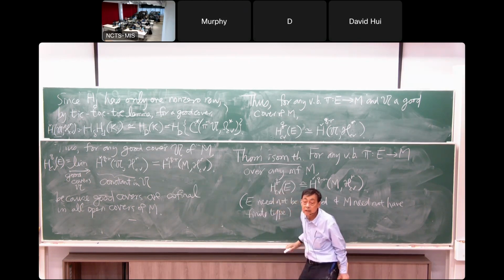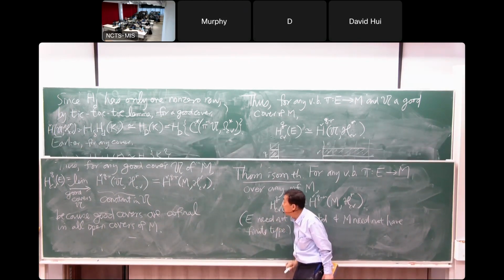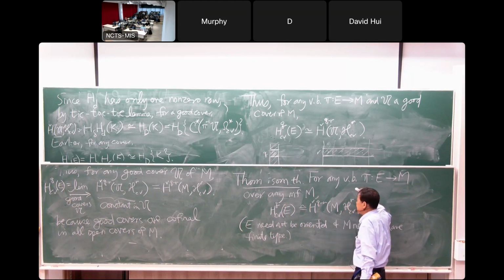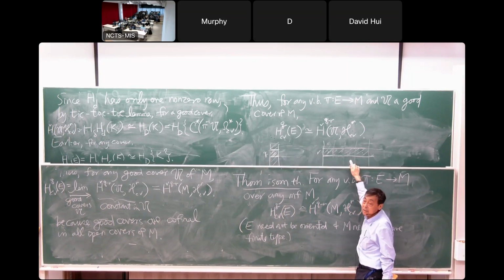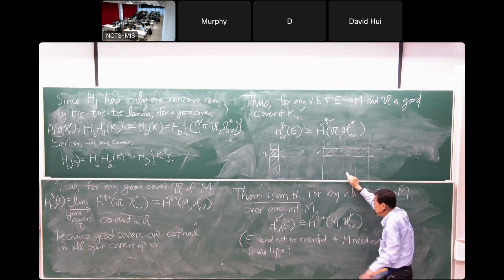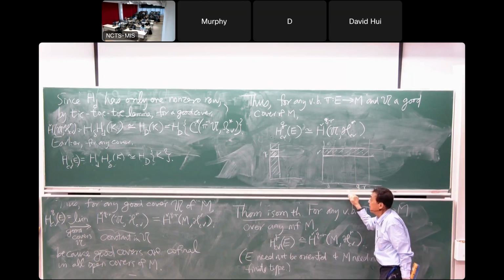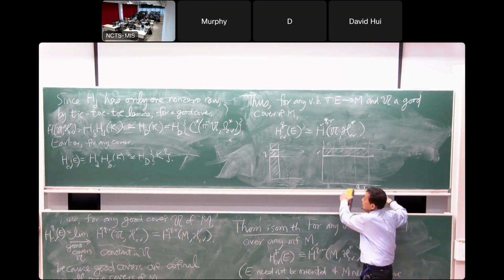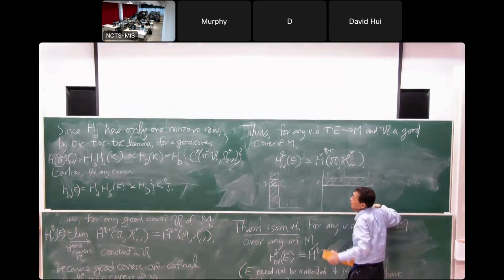Okay, but if E is oriented, then we know what this pre-sheaf is.